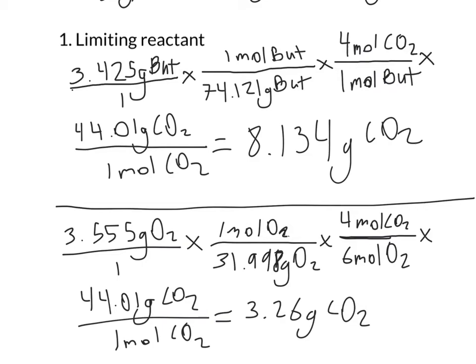Because we know that we cannot make more CO2 than our limiting reactant allows, we know that 3.26 grams of CO2 are produced. And that will be the answer to the first part of the question.